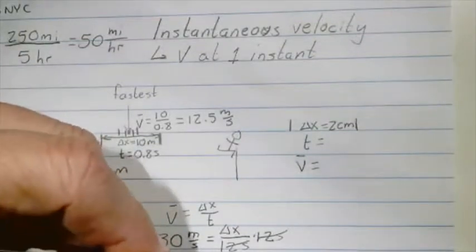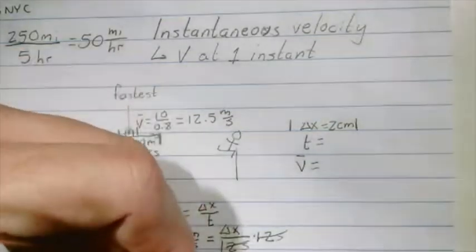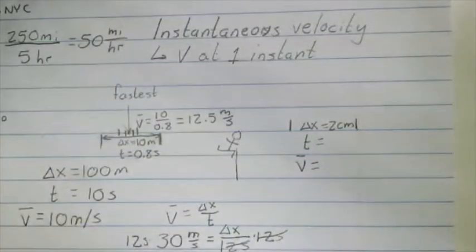The seconds will cancel, and you end up with 360 meters as your displacement. And that's a standard example of a constant velocity problem. Notice I had to do that as an average or constant velocity simply because we haven't gotten to changes of velocity in equations yet. So that's how to solve a fairly straightforward velocity problem.